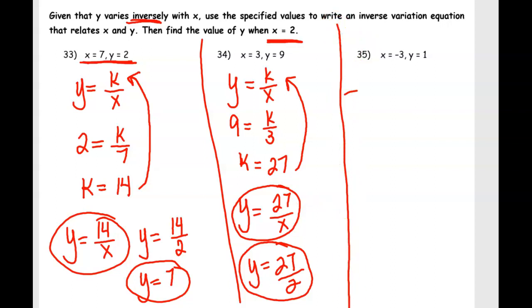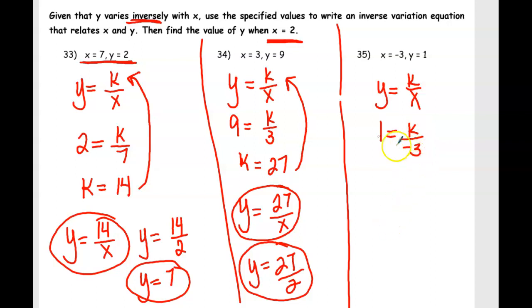All right, we'll go ahead and do the 35, same thing. Y is equal to k divided by x, right? When we do that, now we look at our examples. We've got x is -3, y is 1, so 1 equals k divided by -3.